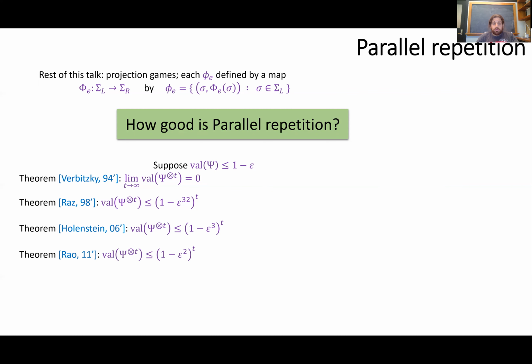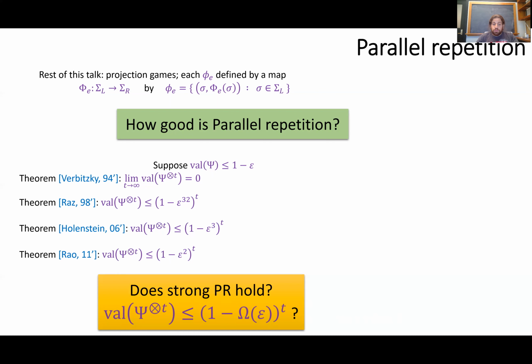So this is nice and all, but still the question remains: does strong parallel repetition hold? Formally speaking, strong parallel repetition asserts that we could replace this epsilon squared with something linear in epsilon. But in reality, if you manage to improve this epsilon squared to anything better, like epsilon to the 0.1999, that will still be considered strong.